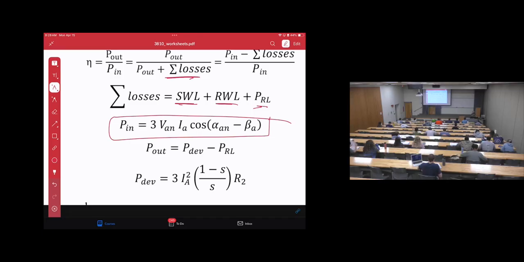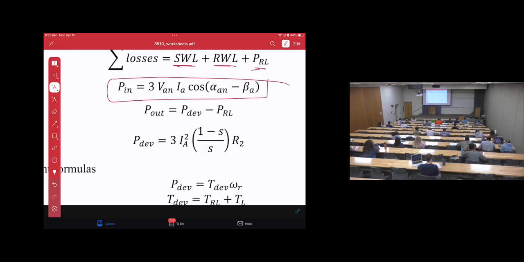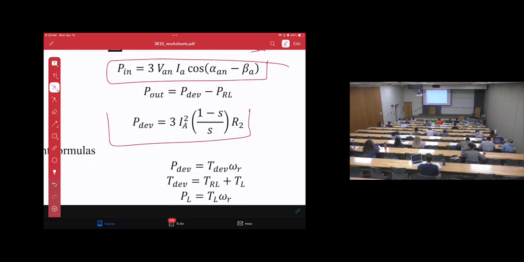Then P out here is P dev minus the rotational losses. It's also very similar to the synchronous, right? Developed power minus rotational losses. But the thing that is different is P dev. P dev equals 3 I squared times (1 minus S) over S times R2. So this is different than the synchronous.